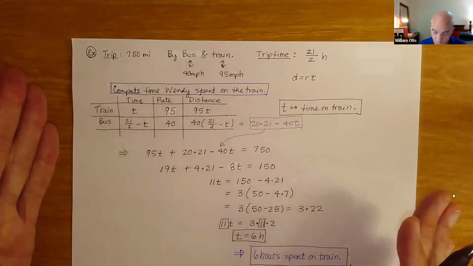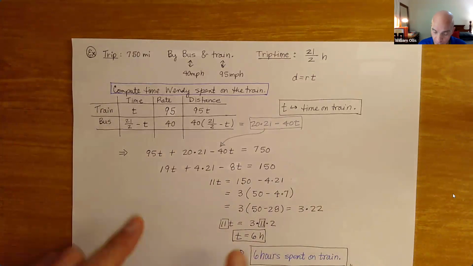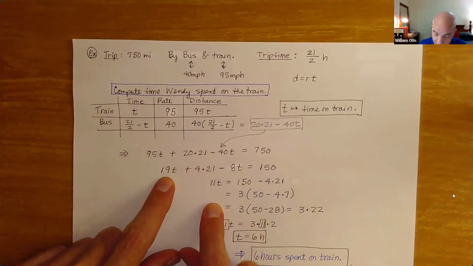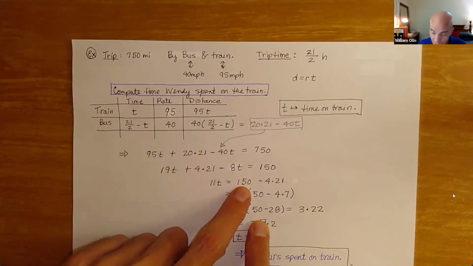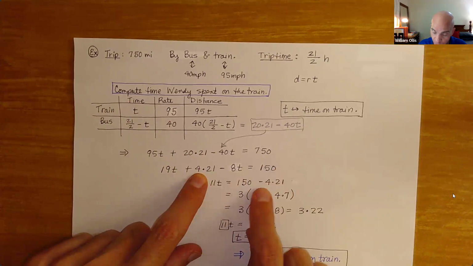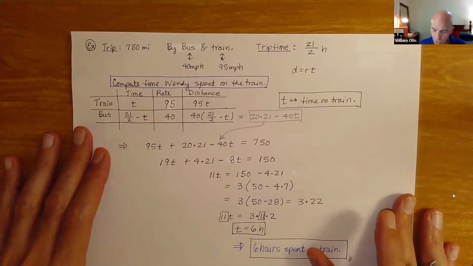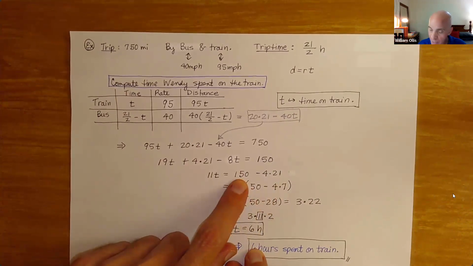Now, when you look at this, we can start combining numbers and maybe look for some more common factors. But notice the numbers are greatly reduced. So now we've got 19T minus 18T, which is 11T. And then, of course, we have 150 minus 4 times 21. Now, don't multiply it out because you don't need to. Notice at this point, we have a common factor of 3 here.